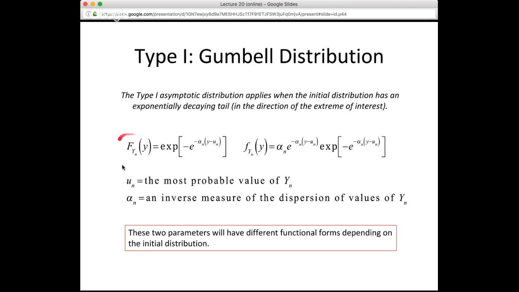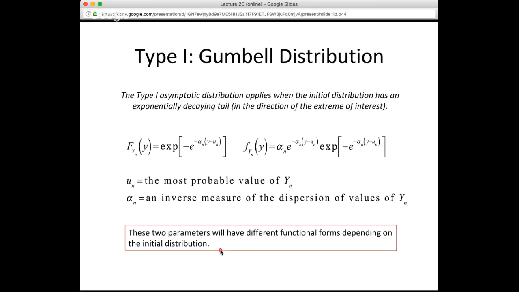These are the CDF and the PDF for Y_n, that random variable of the maximum value that you would have in a sample of size n from a known population. The important point to realize is these two parameter values, u_n and alpha_n, which appear in both the CDF and the PDF, can basically be derived from different, explicitly four different parent distributions.